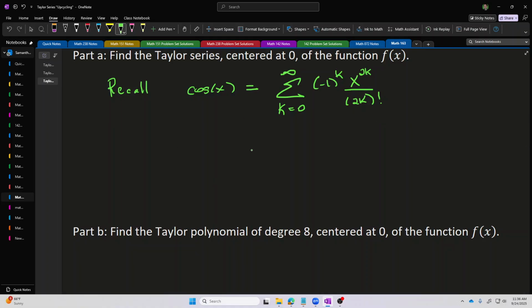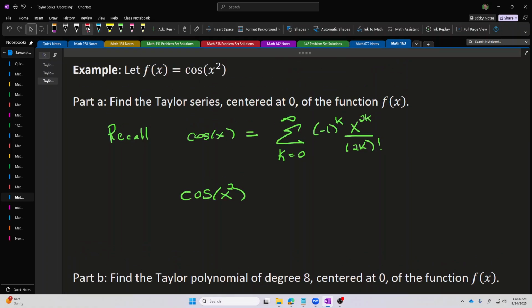So if I take my cosine of x, and instead, I look at cosine of x squared, as I have in my problem, this action on the left-hand side that has transformed cos x into cosine x squared is a replacement, a substitution: replace x by x squared.